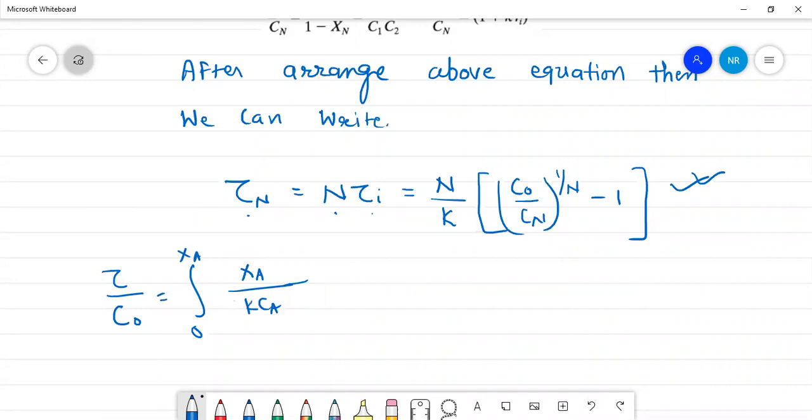Above I have to give the CA, so let me write it like this: tau divided by CA0 is the integral of dCA divided by k CA, and I change the limit from CA0 to CA.